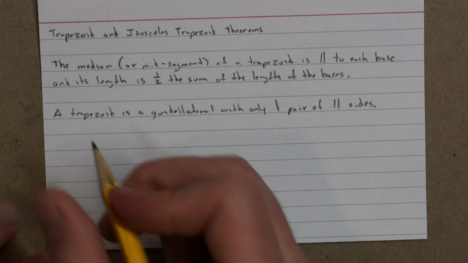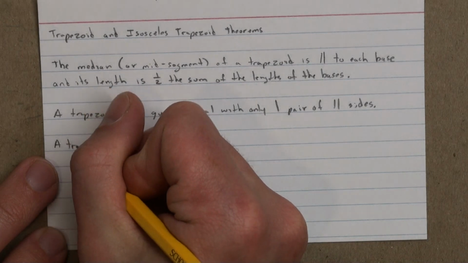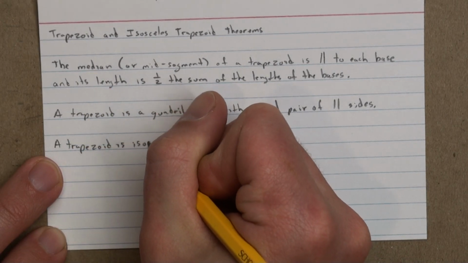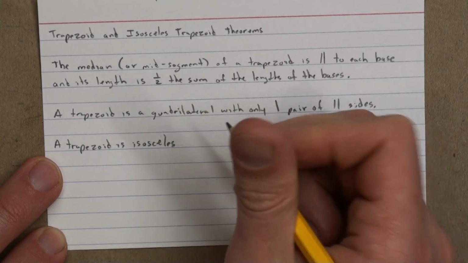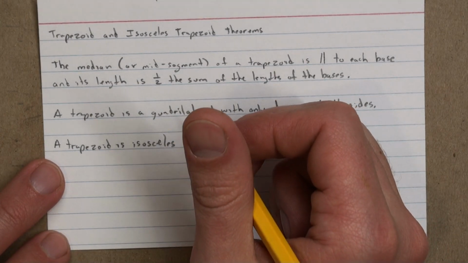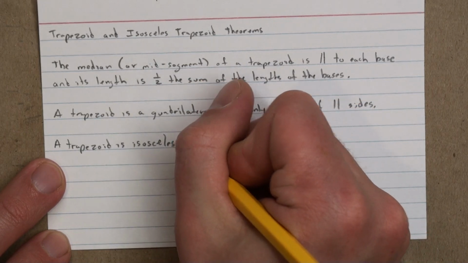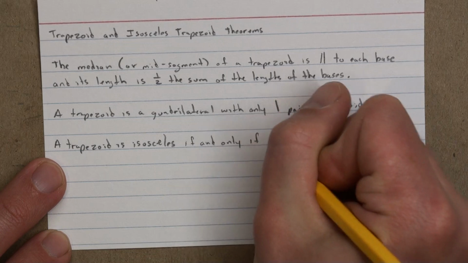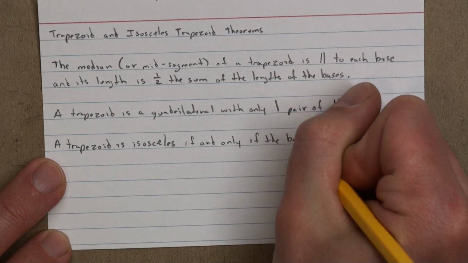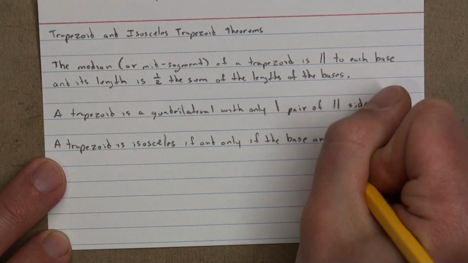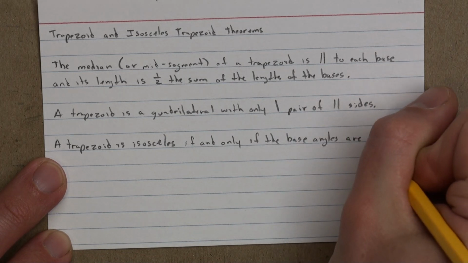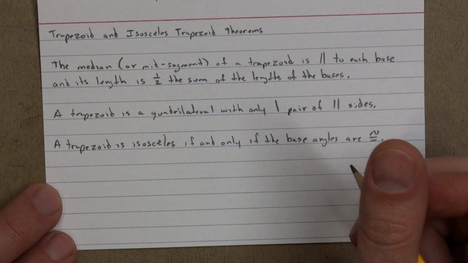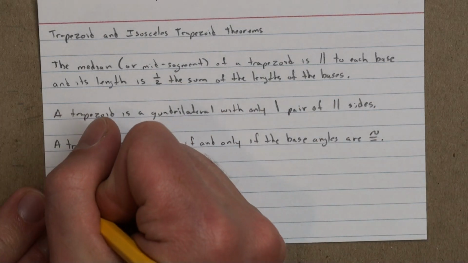A trapezoid is isosceles if and only if the base angles are congruent. A trapezoid is isosceles if and only if the diagonals are congruent.